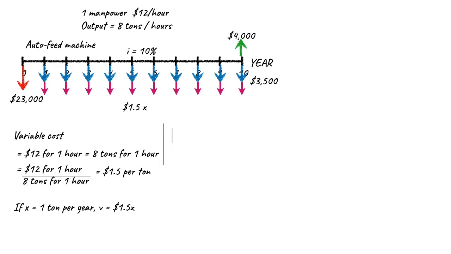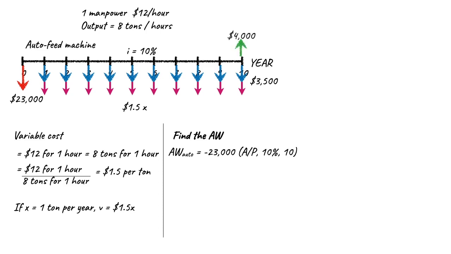Now the next step is to perform the annual worth analysis. You need to convert all the cash flow into an equivalent annual worth value. Let us first convert the $23,000 into an equivalent annual worth by using the A/P factor. The interest rate given is 10%, the period is 10.